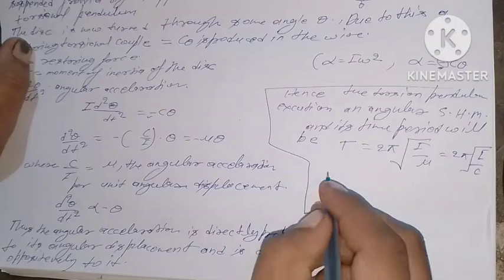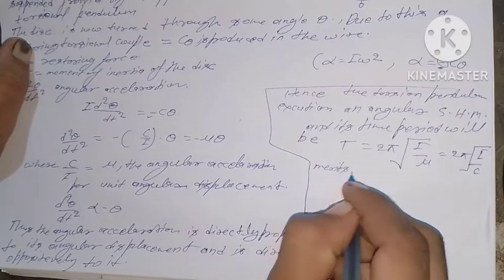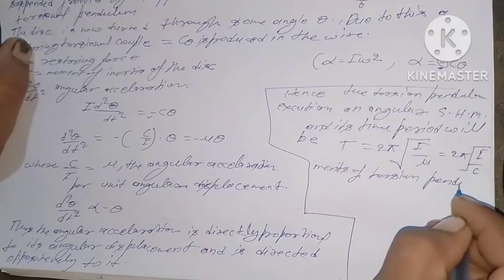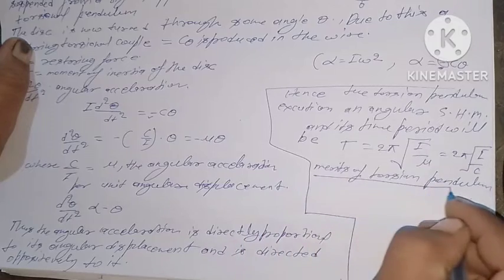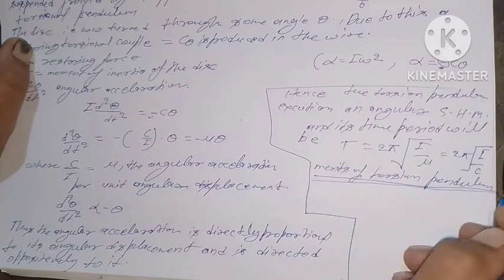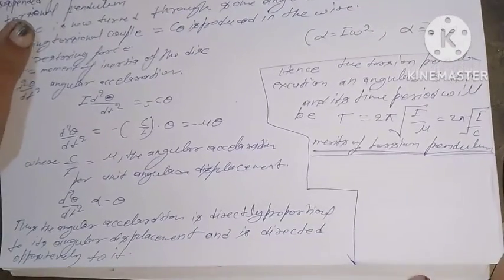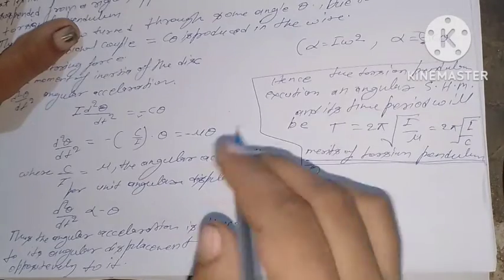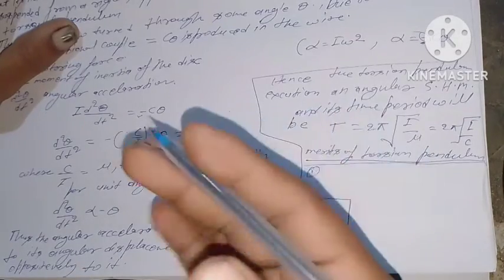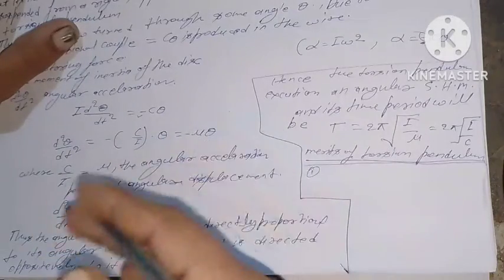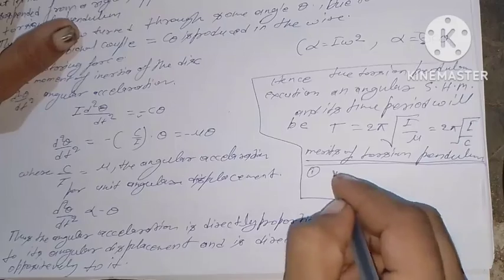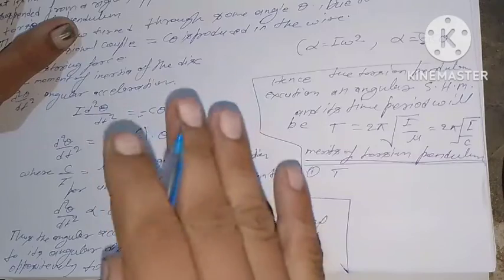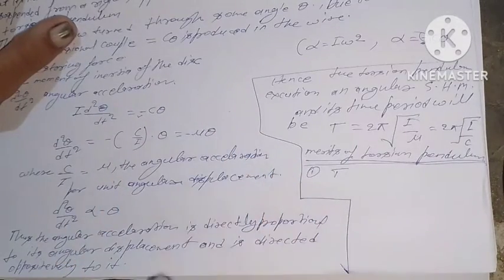Merits of torsion pendulum. First point: in a torsion pendulum, no approximation has been made in deriving the relation for the time period, unlike in the case of a simple pendulum or a compound pendulum, where theta should be very small.